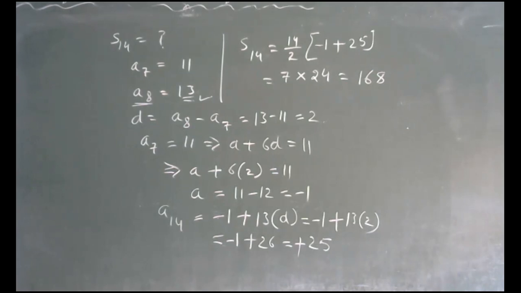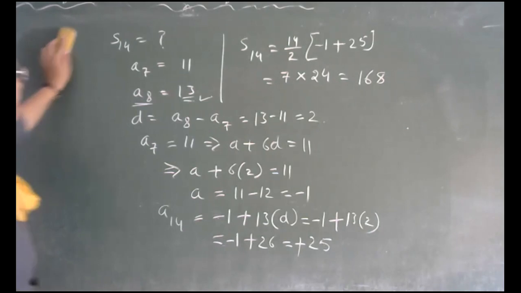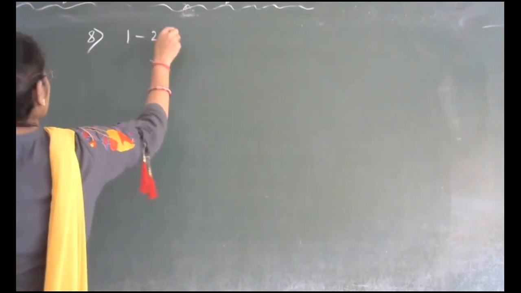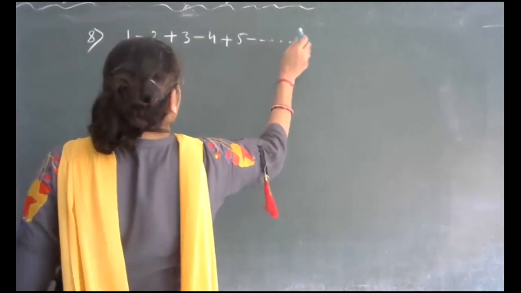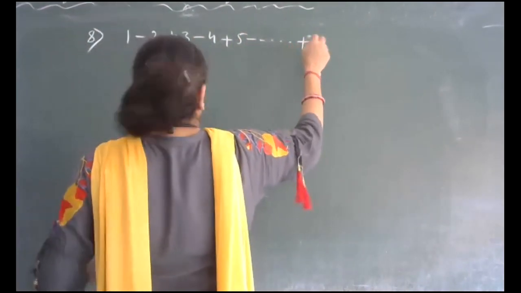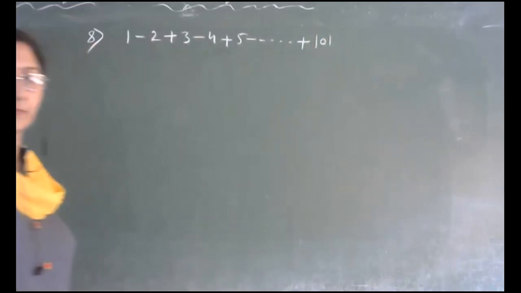Find the value of, now question number 8: 1 minus 2 plus 3 minus 4 plus 5 minus, and so on like this, plus 101.